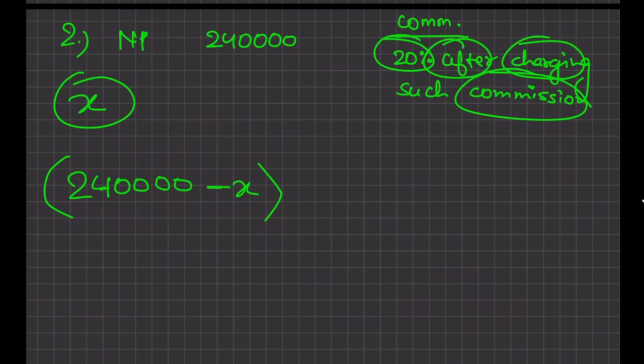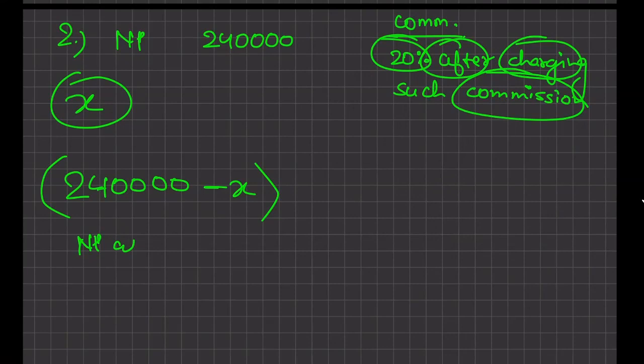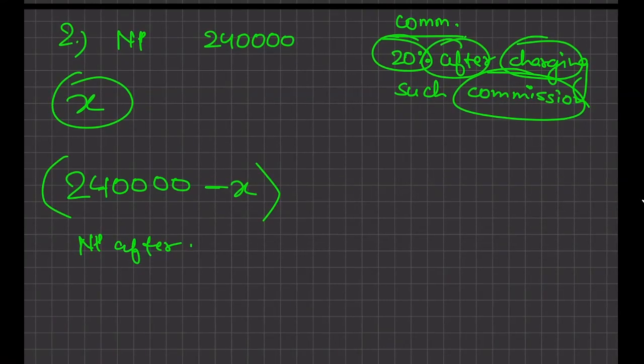Hello, everyone. Are you there with me? So this is the net profit after charging commission. Yes, sir. I know that. Now, if I deduct X from 2,40,000, what is X exactly?